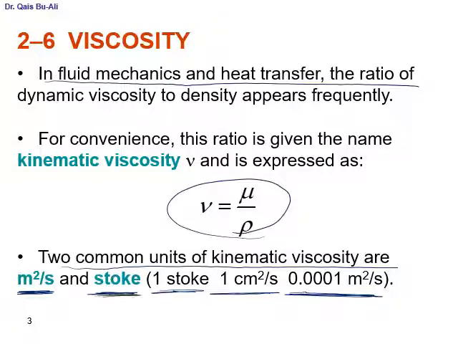As you can see, the stoke is in the CGS system, centimeter gram second system. As I said in the previous slide, you can practice it. It is a clear slide.